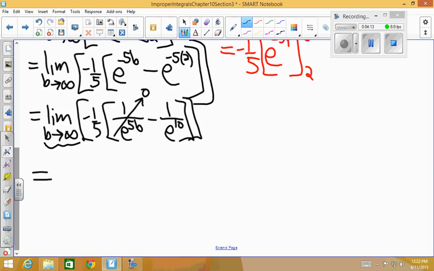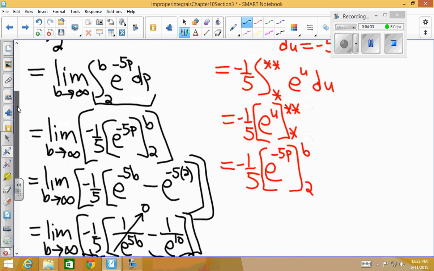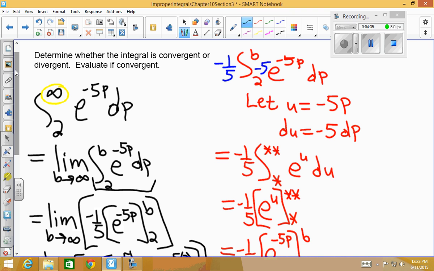So negative 1/5 times negative 1 over e to the 10 is 1 over 5 e to the 10. So this tells us that the limit, and hence the improper integral that we started with, converges, and furthermore it's equal to 1 over 5 e to the 10. So our original integral was the integral from 2 to infinity, e to the negative 5p dp.